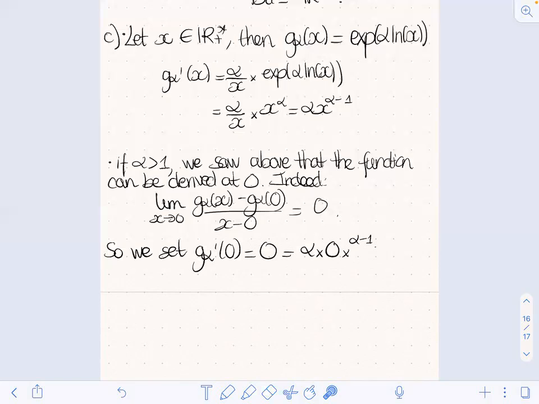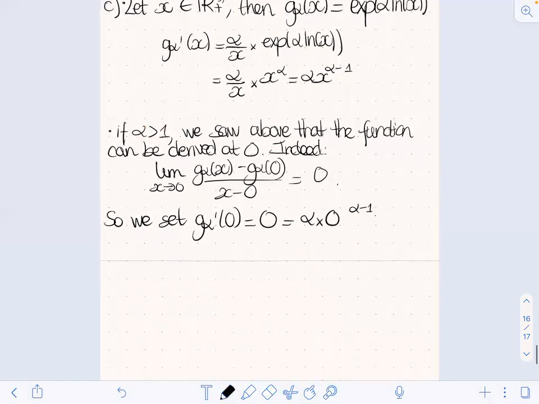And so this extra setting, where alpha is greater than 1 and you can differentiate your function on R plus, gives you a formula that works even in this extra case. So what we get is well defined if alpha is greater than 1.